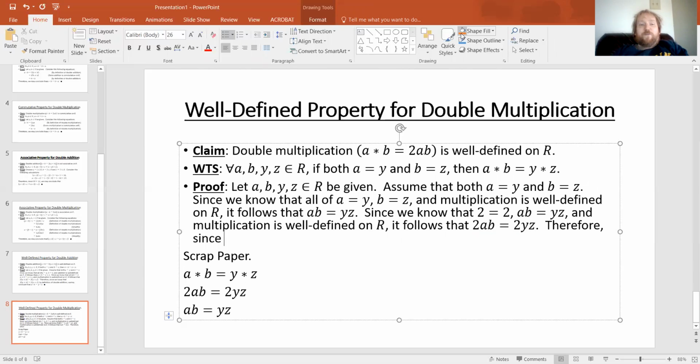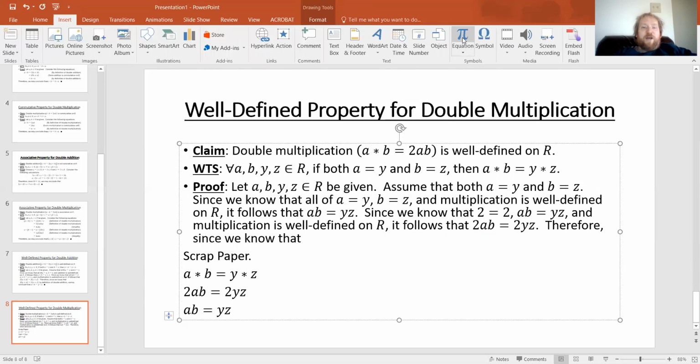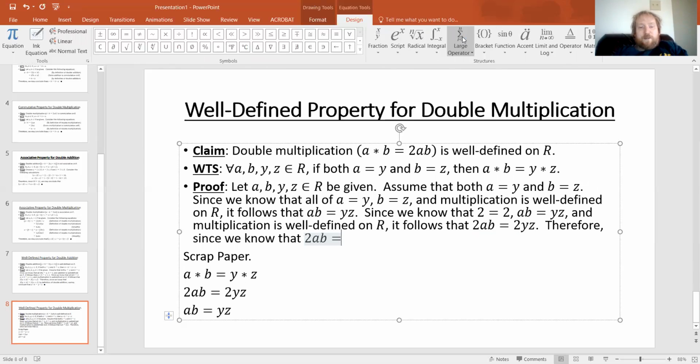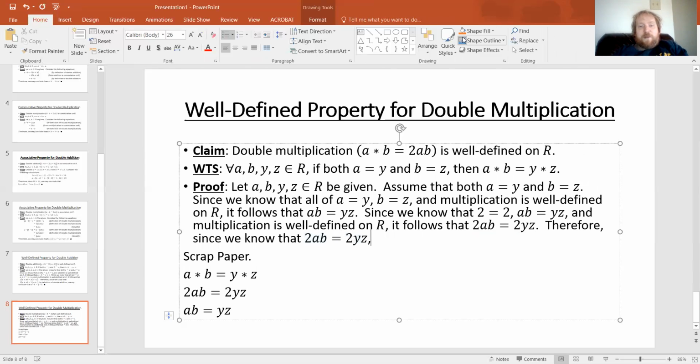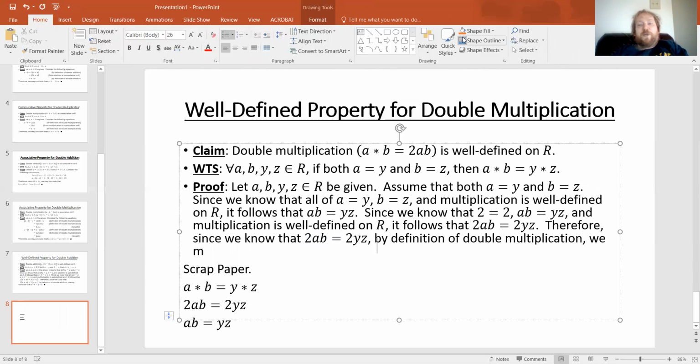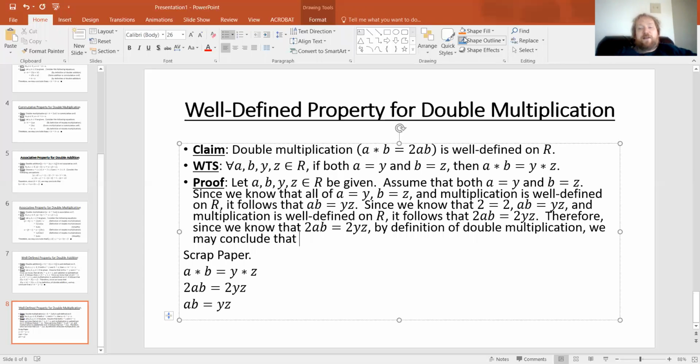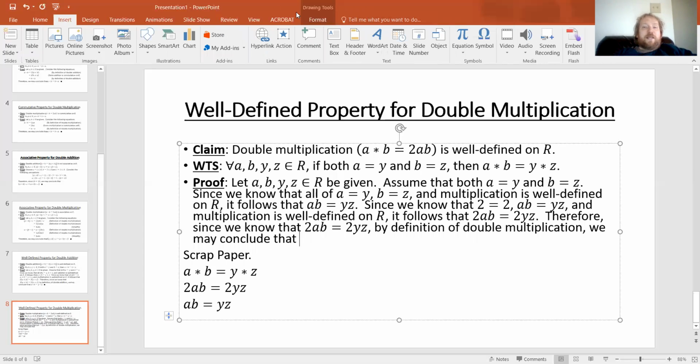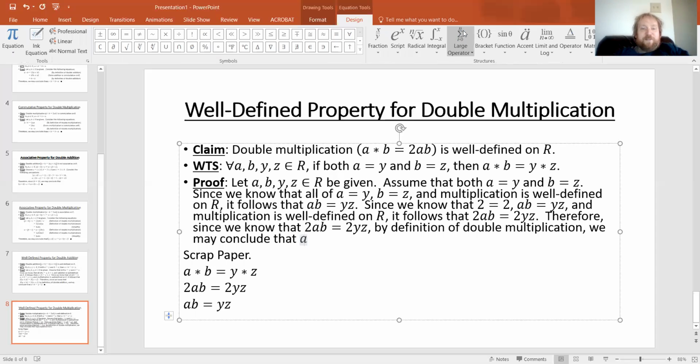Therefore, since we know that 2AB equals 2YZ, by definition of double multiplication, we may conclude that A star B equals Y star Z.